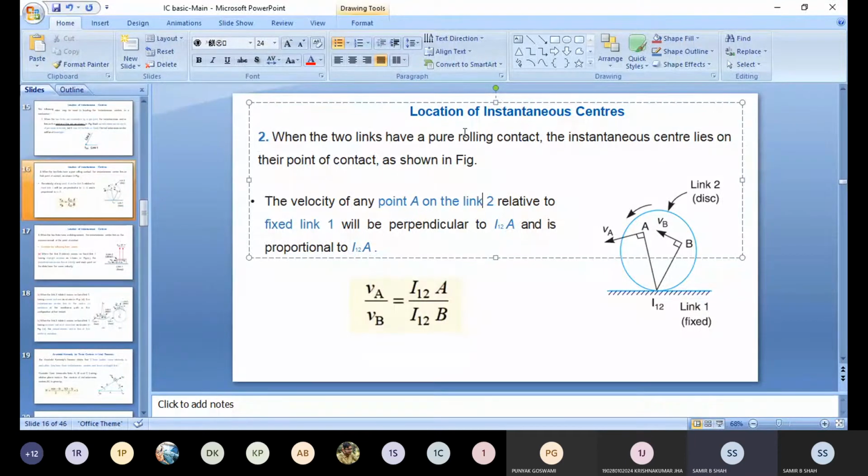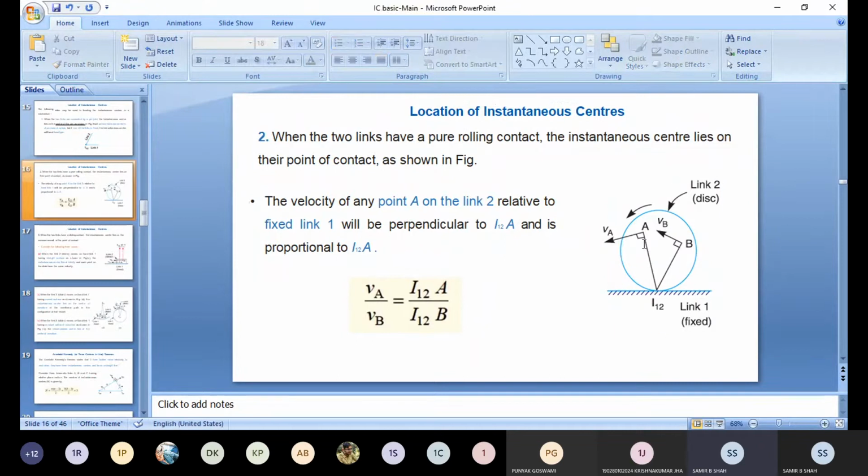When two links have pure rolling, sometimes it is probably shown by the figure, so that's why we added a figure also. Sometimes you can directly understand it with the help of a symbol, or sometimes it may be given in the data, where they mention that link 1 and link 2 are in contact with pure rolling. At that time you understand where to get the center.